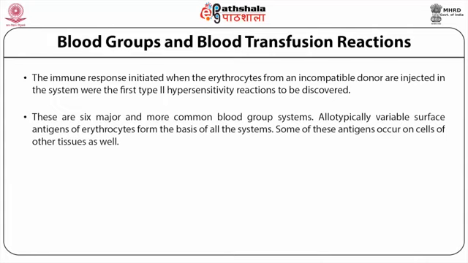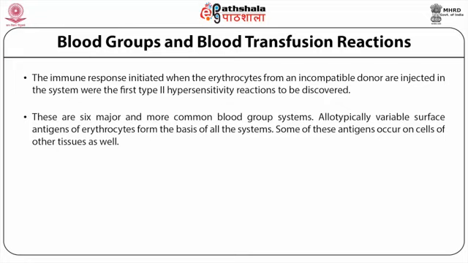There are 6 major and more common blood group systems. Allotypically variable surface antigens of erythrocytes form the basis of all the systems. Some of these antigens occur on cells of other tissues as well.